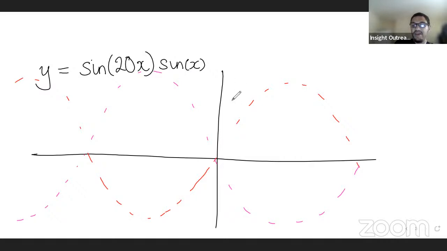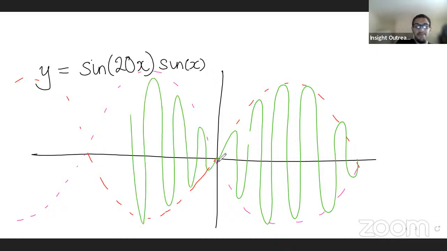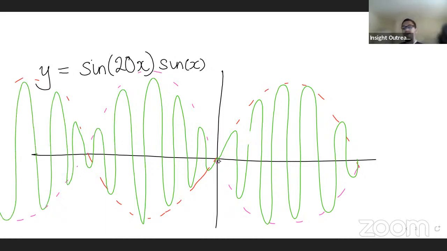So what you could see here is it should look like this. Then like that. So you get this kind of beat pattern, essentially.